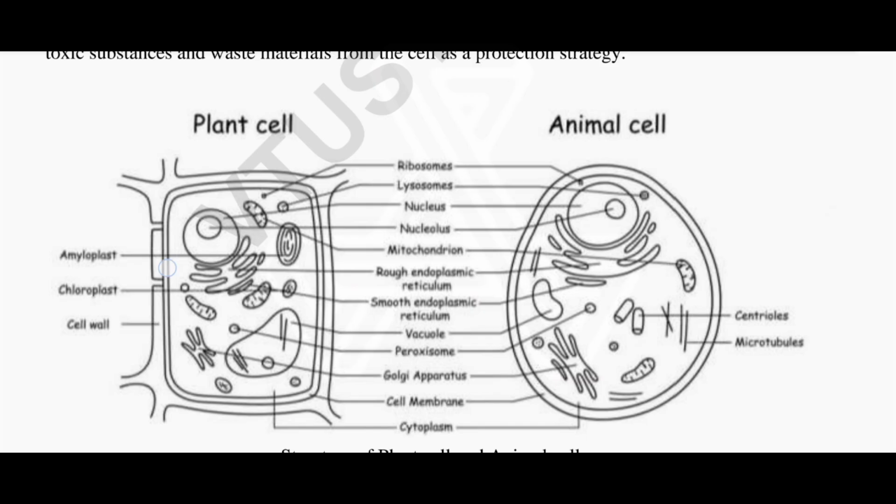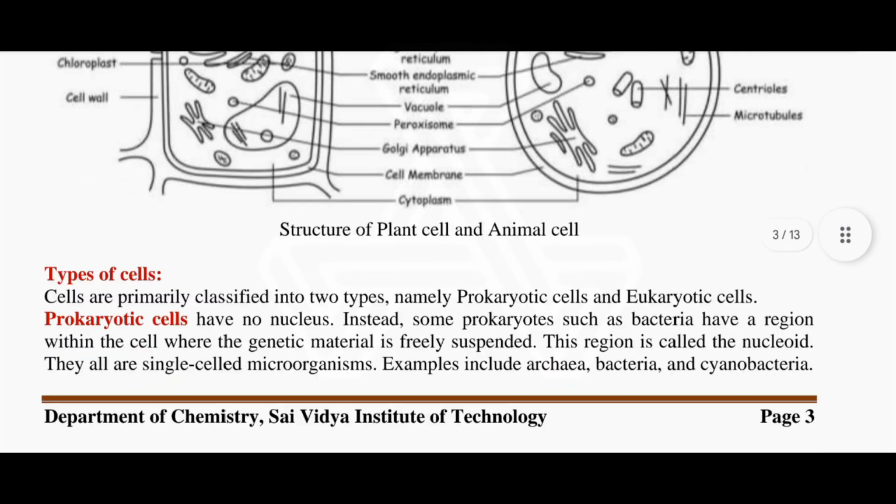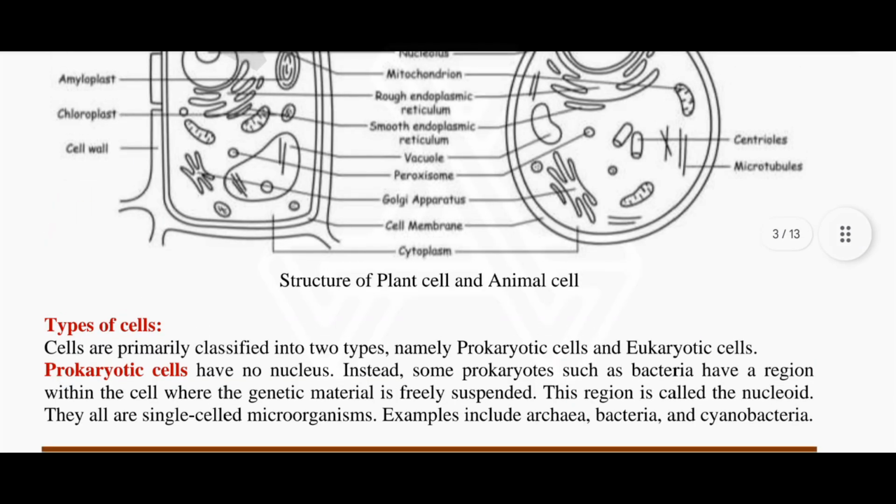The plant cell has amyloplast, chloroplast, and cell wall, whereas the animal cell has centrioles and microtubules. Structure of plant cell and the animal cell.